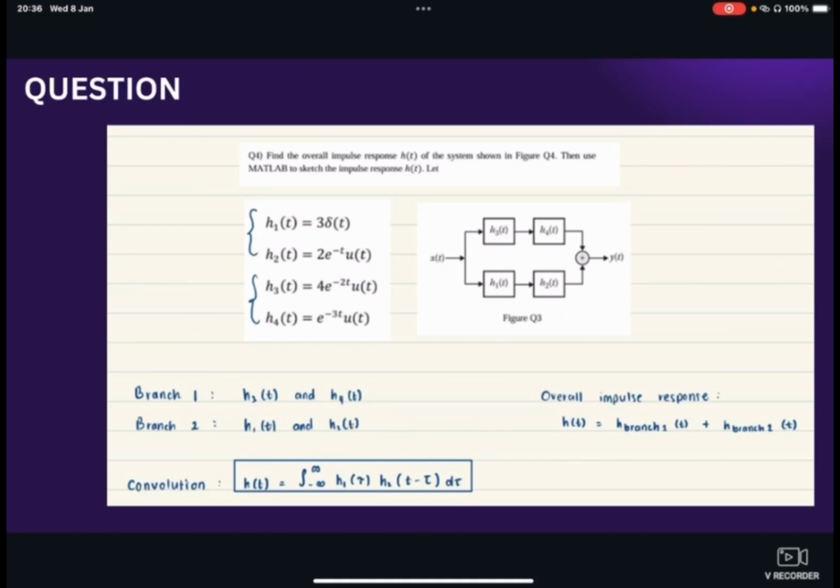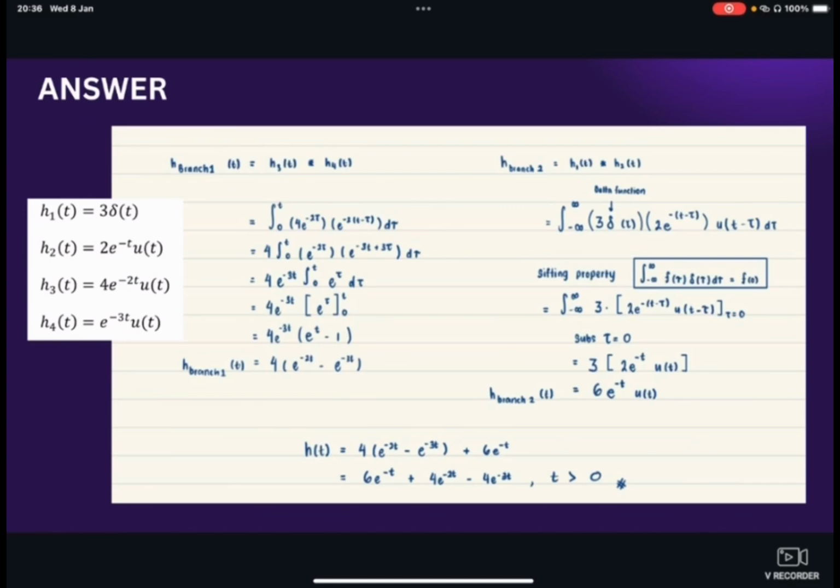To find the overall impulse response, we have to add h branch 1(t) plus h branch 2(t). So let's move on. This is the answer. For h branch 1(t), we have to use the formula shown.